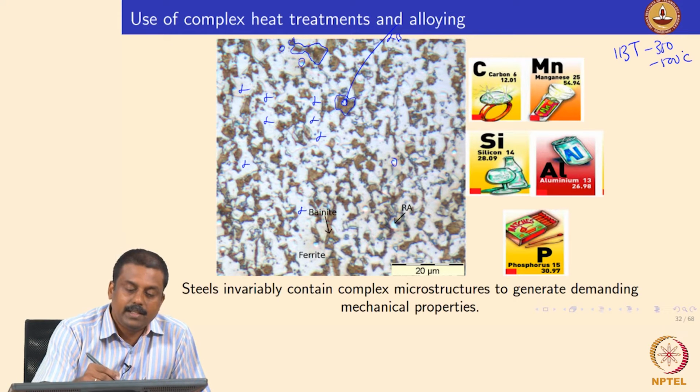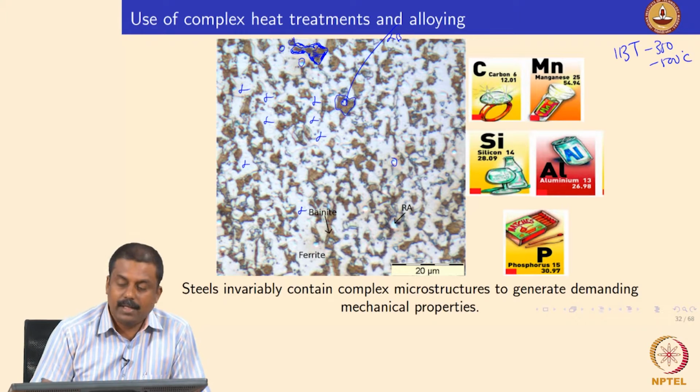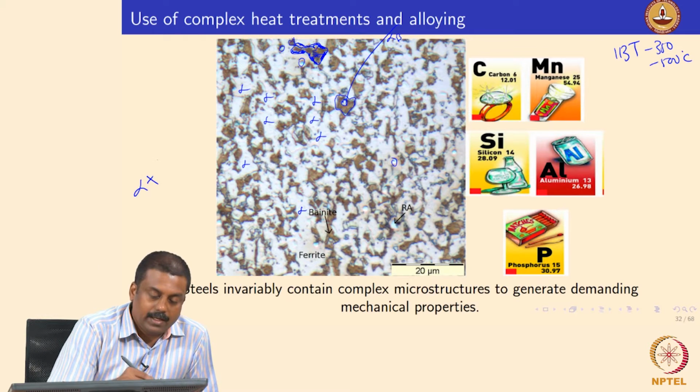You see a formation of bainite happening here, and carbon is also getting pushed to the untransformed austenite, isn't it? Upon sufficient enrichment, you see the stabilization of retained austenite in these regions. So, now we have a 3-phase microstructure containing ferrite, bainitic ferrite and retained austenite.